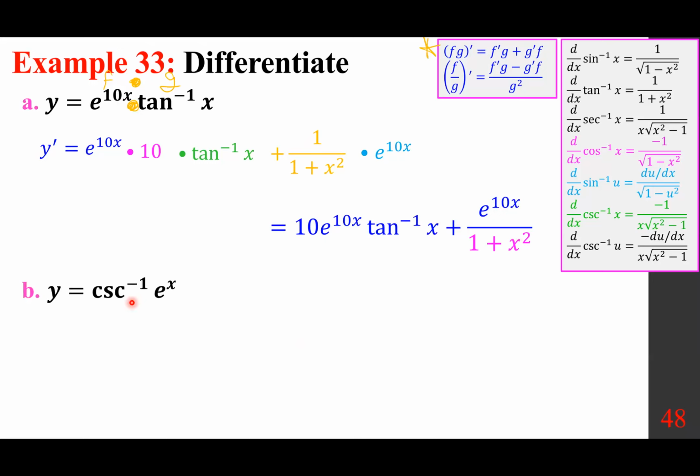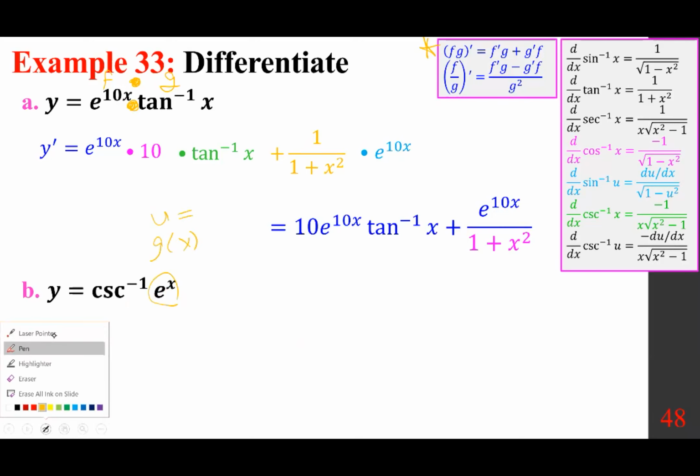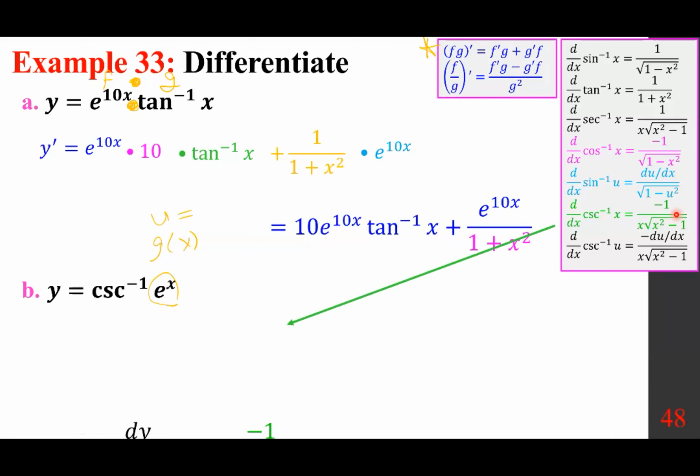Y equals cosecant inverse of some function of x, e to the power of x, or you can think of it as g of x even. You can think of this as some function, g of x, or just u. So first, I want you to look at the basics. It says you put -1 at the top, you put something here, you put x, and then the square root of x squared minus 1.